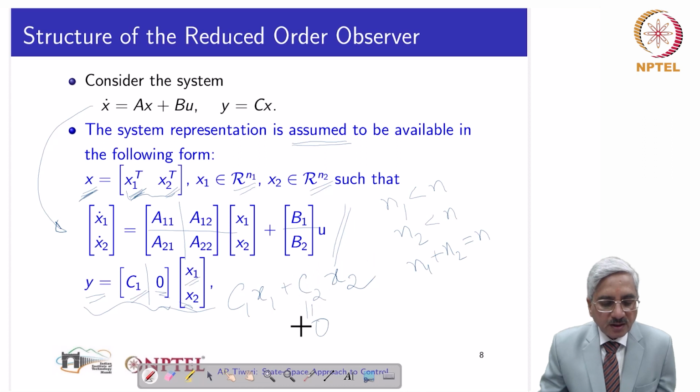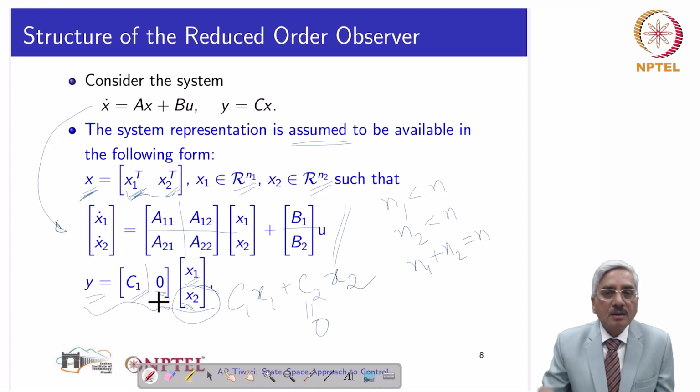So at the outset we have assumed that the system dynamics is available in this form, that the output is dependent on only the x1 group of state variables, and it doesn't depend on x2.